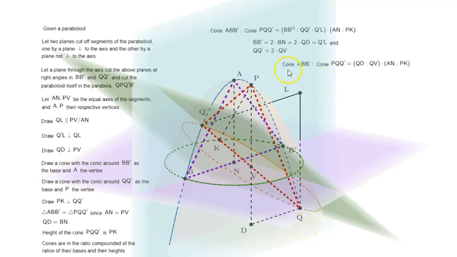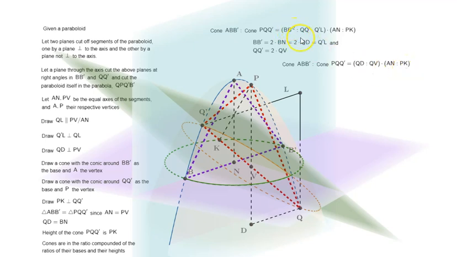So cone ABB prime is to cone PQQ prime is equal to, remember here we had BB prime square is to QQ prime times Q prime L times AN is to PK. Now if we do the necessary substitutions, we will end up with QD is to QV times AN is to PK.